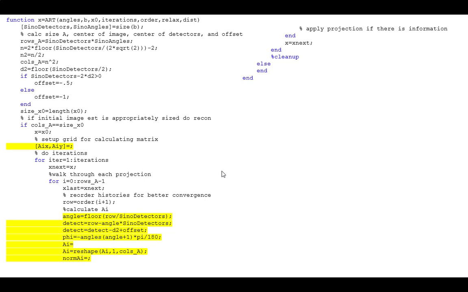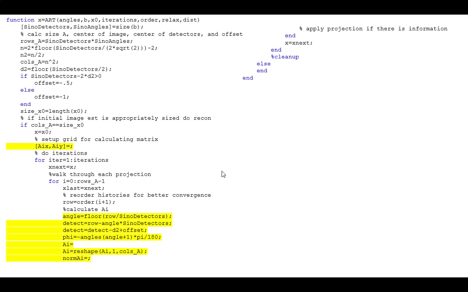So this one is 0 up to number of detectors minus 1, and this is number of detectors up to 2 times number of detectors minus 1, and 2 times number of detectors all the way up to 3 times the number of detectors minus 1. We agree? So on and so forth down the line.